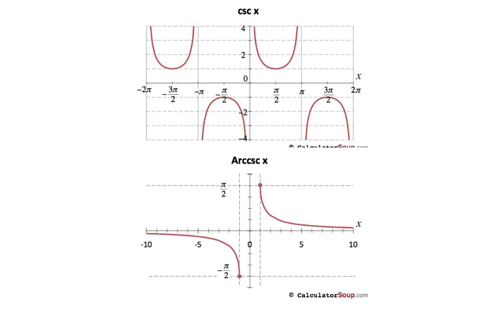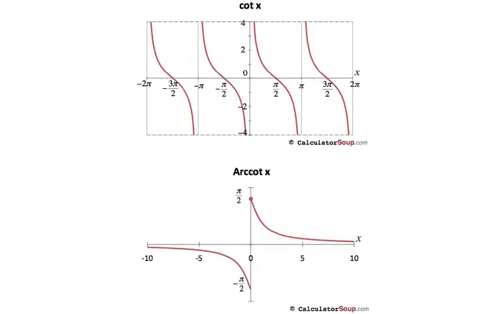Here is cosecant and arc cosecant. They restricted the domain from between, looks like 0 to pi over 2 and 0 to negative pi over 2. And the last one is cotangent and arc cotangent.